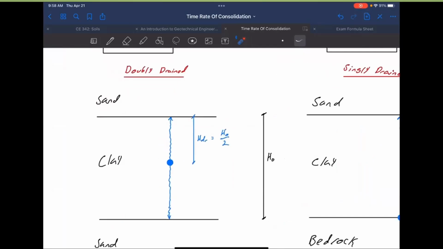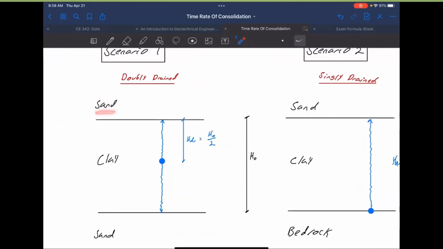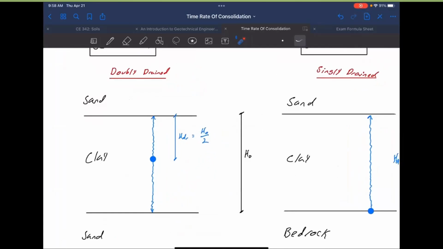Now looking at scenario 1, we have a sand layer above and a sand layer below. It is common knowledge that sand is more permeable than clay. Therefore, because of the fact that water will always seek the easiest path to take, and that is in this case towards a more permeable layer, a water molecule will either seep out through the top layer or the bottom layer.